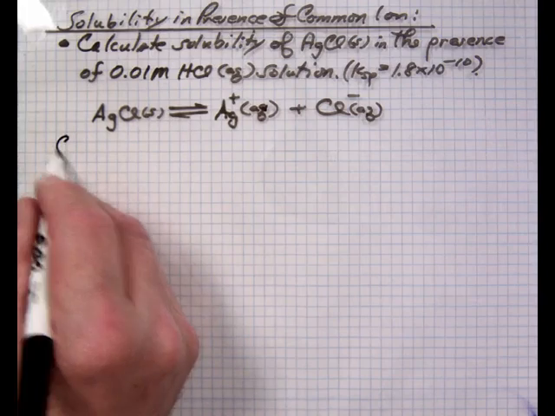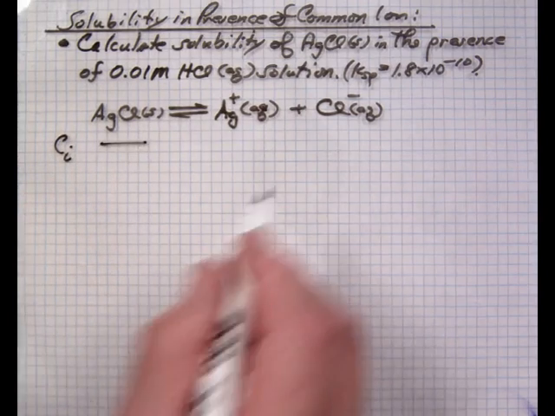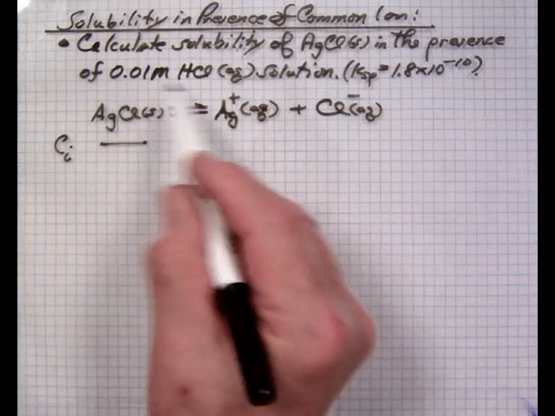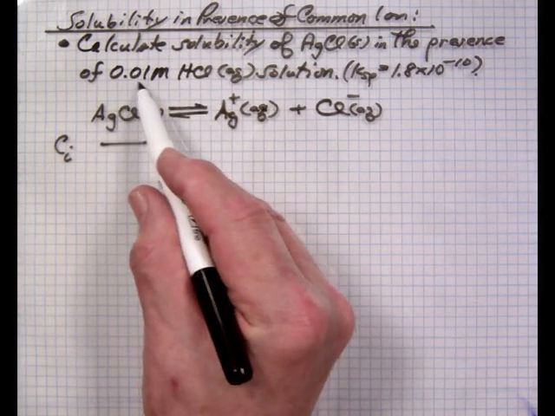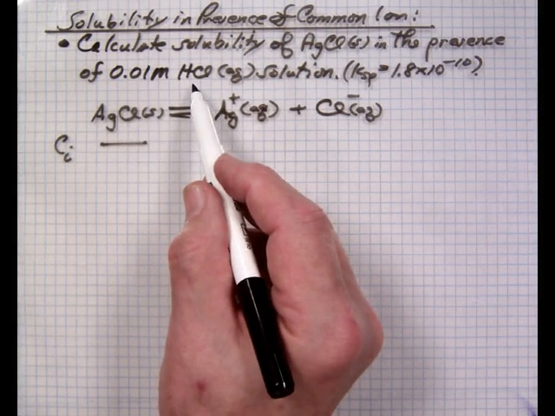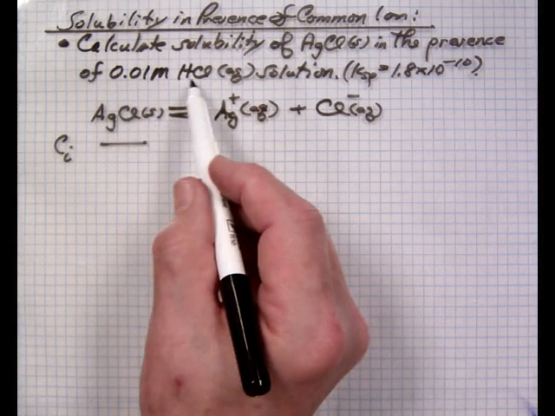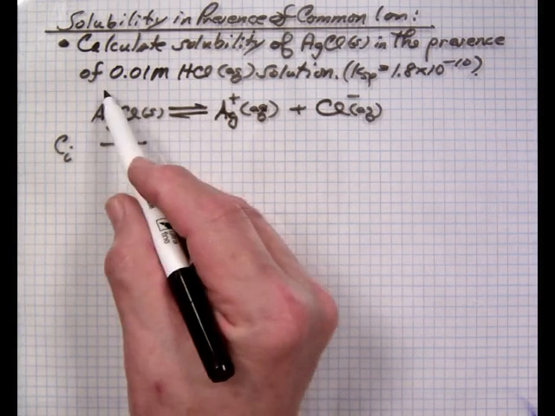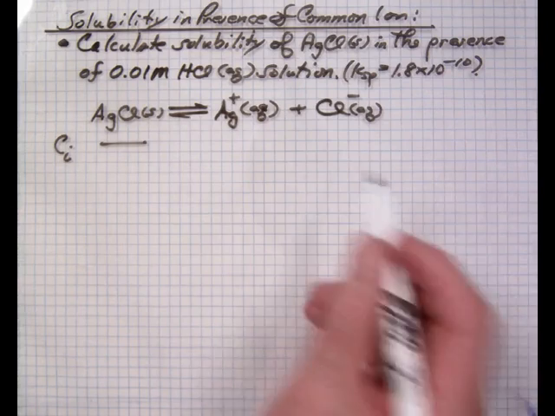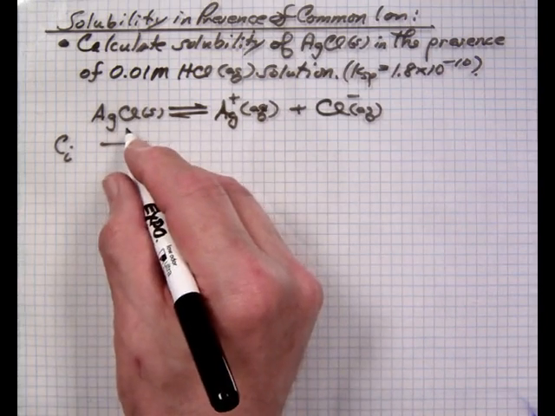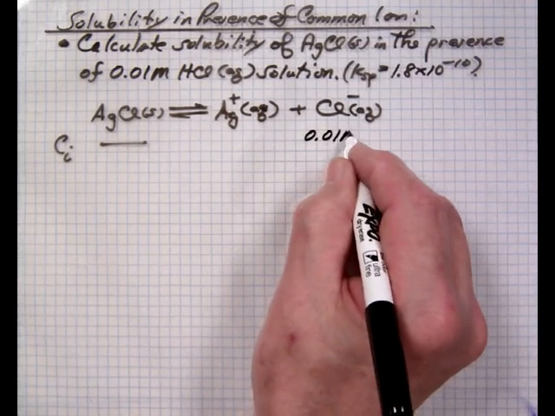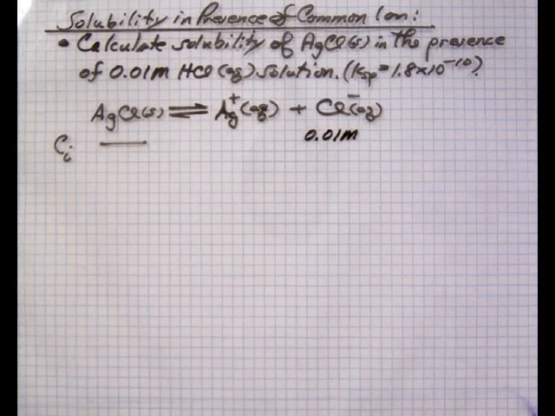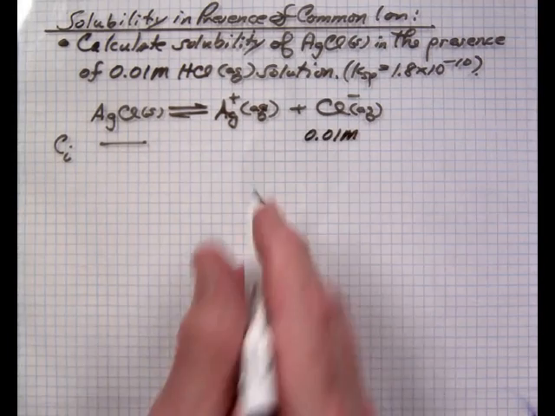Now initially we're going to have an HCl solution that's 0.01 in HCl, and this is a strong acid. So therefore it ionizes 100% and delivers 0.01 chloride. So we're really adding silver chloride into a 0.01 molar chloride solution.